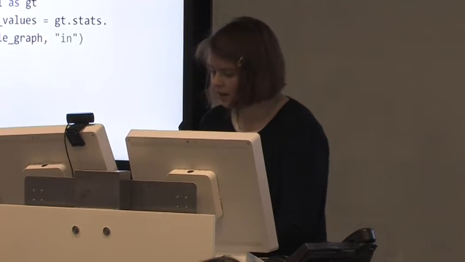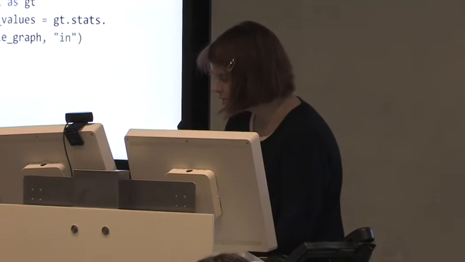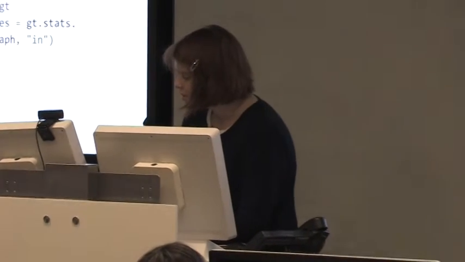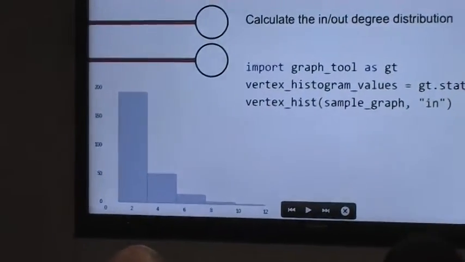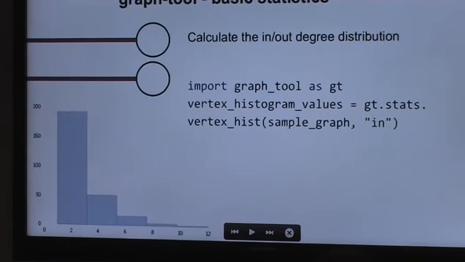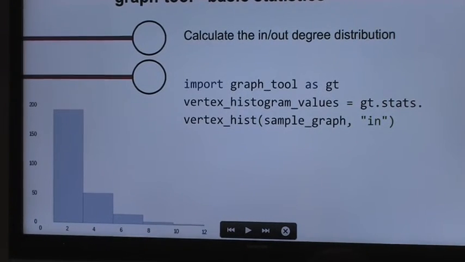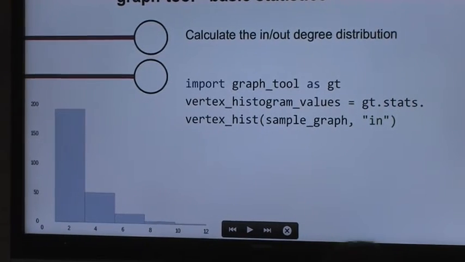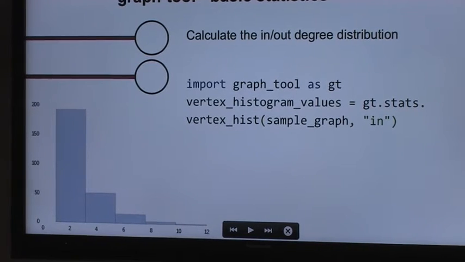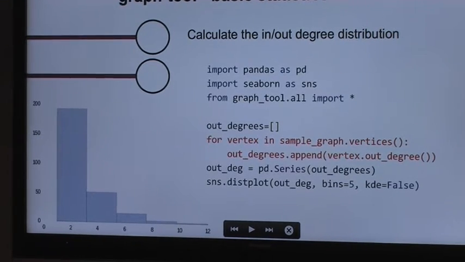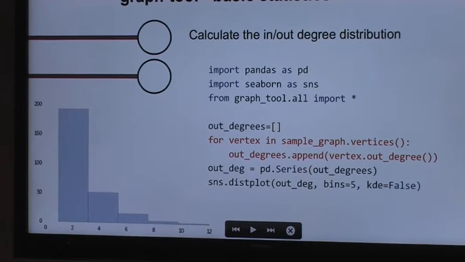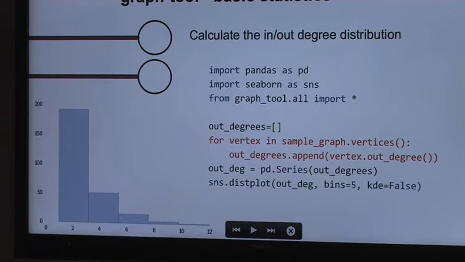Okay. So in addition to making pretty pictures, which may not be so useful, we want to get some statistics. Luckily, GraphTool comes to our rescue there as well. So in order to compute the degree distribution, which is a common metric used to characterize networks, we can either call the vertex hist method in the stats module, or we can simply iterate through all the vertices and call the outDegree method on each vertex to return the outDegree, or inDegree if that's what you want.